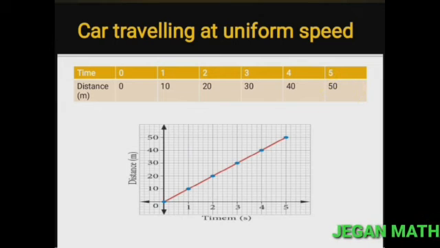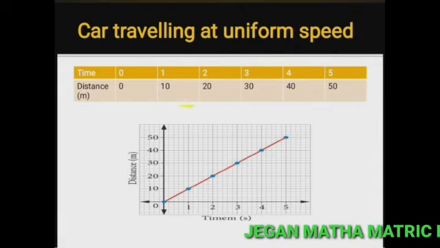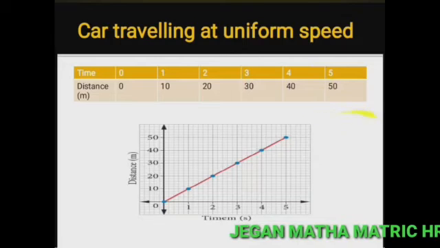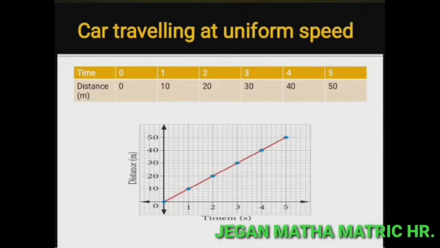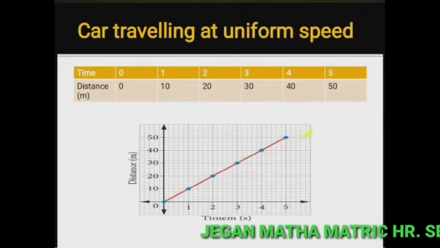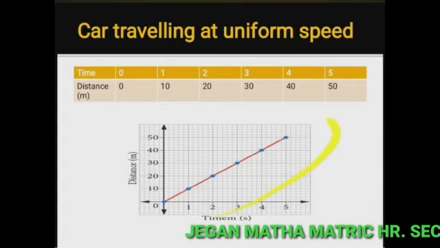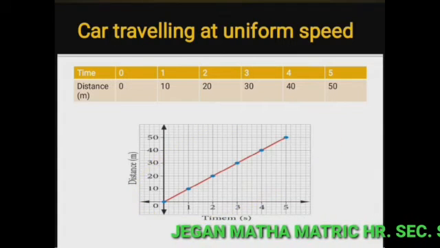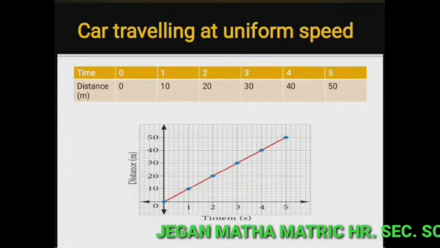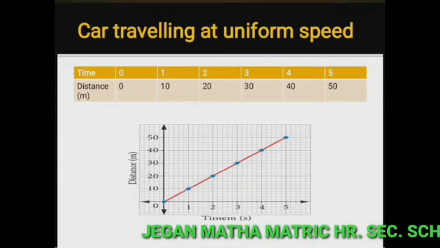So when we plot the graph using the given data, the graph has constant gradient. The distance increases 10 meter in every second. See 10, 20, 30, 40, 50. So the car moves with uniform speed. This straight line shows the car traveling at uniform speed, that is 10 meter per second.